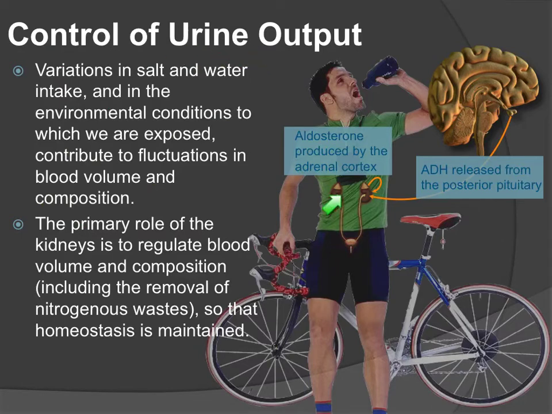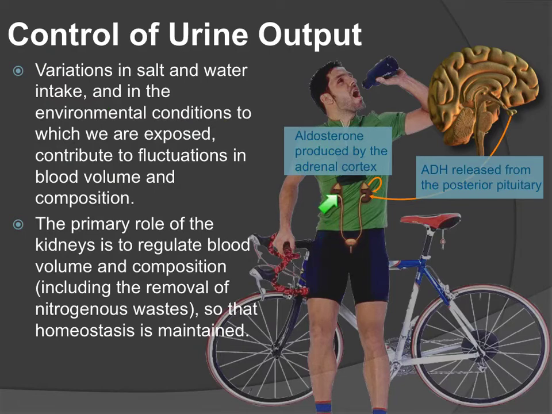So the kidneys are found towards the back. Most healthy people have two of them, but you can survive with just one kidney. While we're on this, this is a very nice diagram showing the two kidneys at the back, and these little tubes that feed down into the bladder, which is down here, are called the ureters.